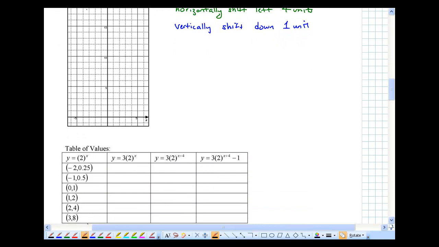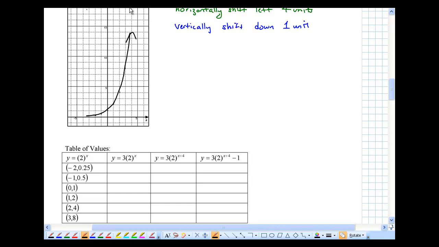I'll put that in black. So 0.25, 0.5, 1, 2, 4. We've done this one so many times. That doesn't look very good. Sorry, let's try again. There we go.